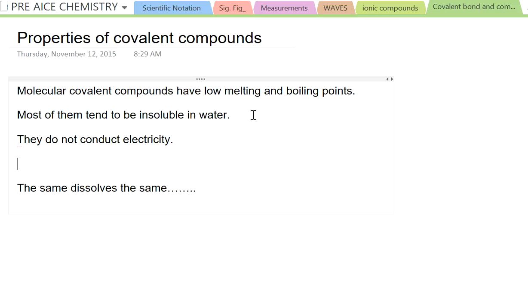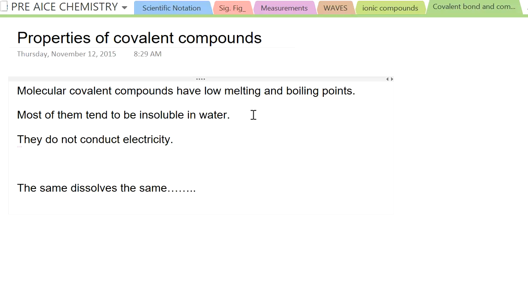If a polar compound is an acid, for example, hydrochloric acid, we dissolve it in water, those acids are going to break down, releasing protons, the hydrogens in solution. And if the protons are present, the ions are present in the solution, we are going to have conductivity of electricity. But we are going to see that later.